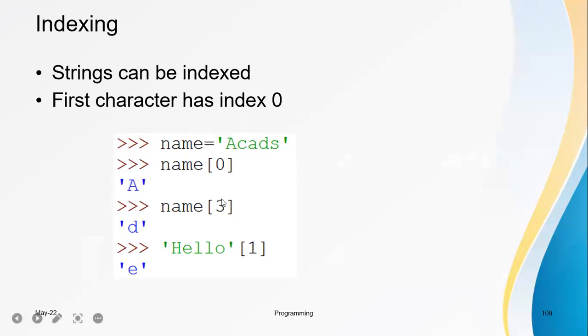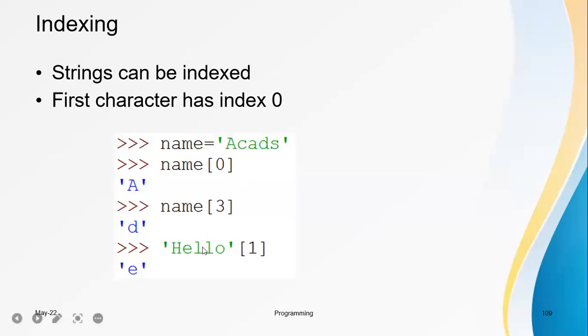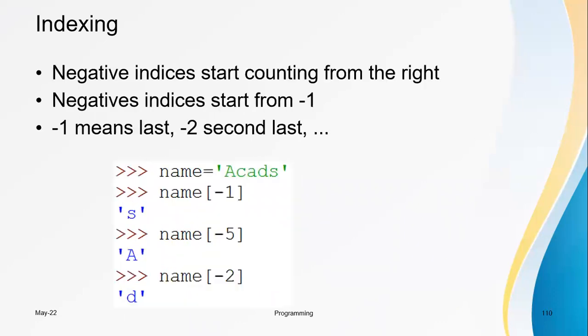So hello of index 1 is E. I can also declare it as it is and then call the variables. Clear? Okay. So indexing, I think most of you will do it.